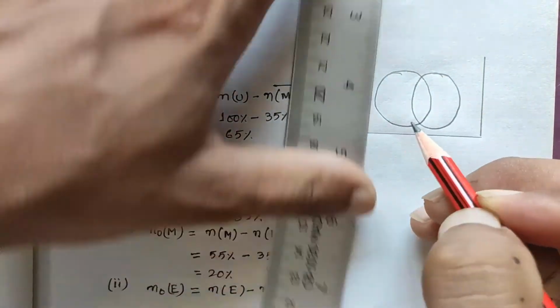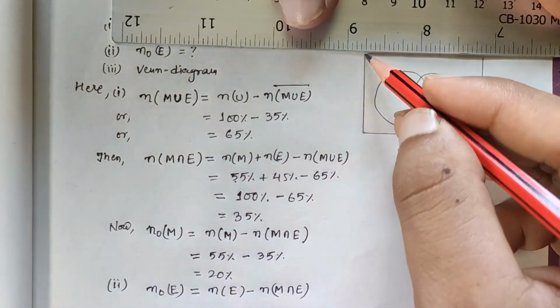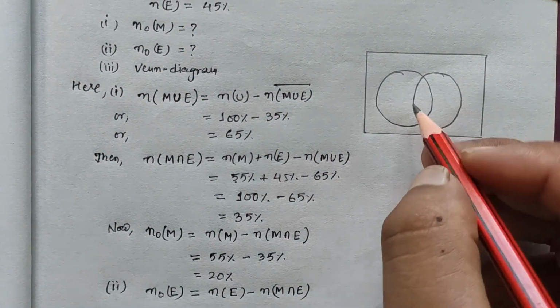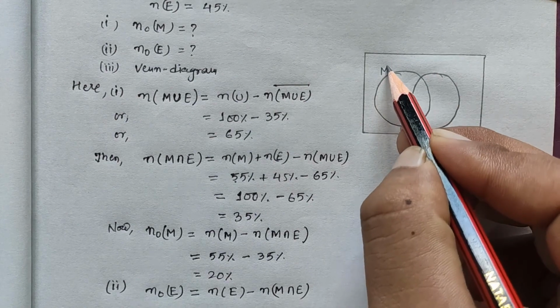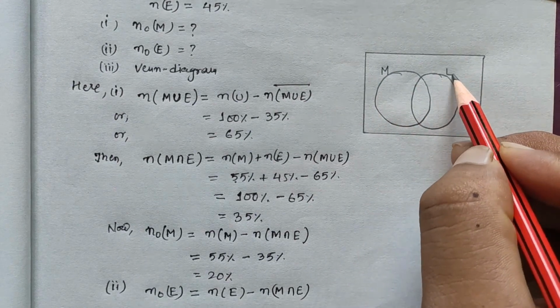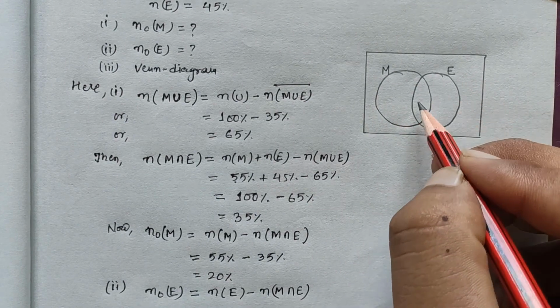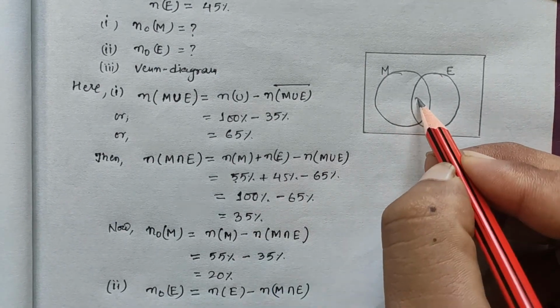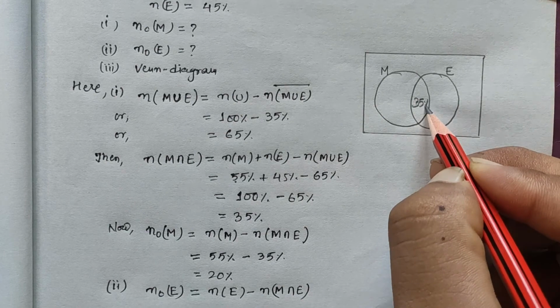This circle is for failed in maths, this is failed in English, and this one is the intersection. We found the intersection is 35%, so we write 35% here.